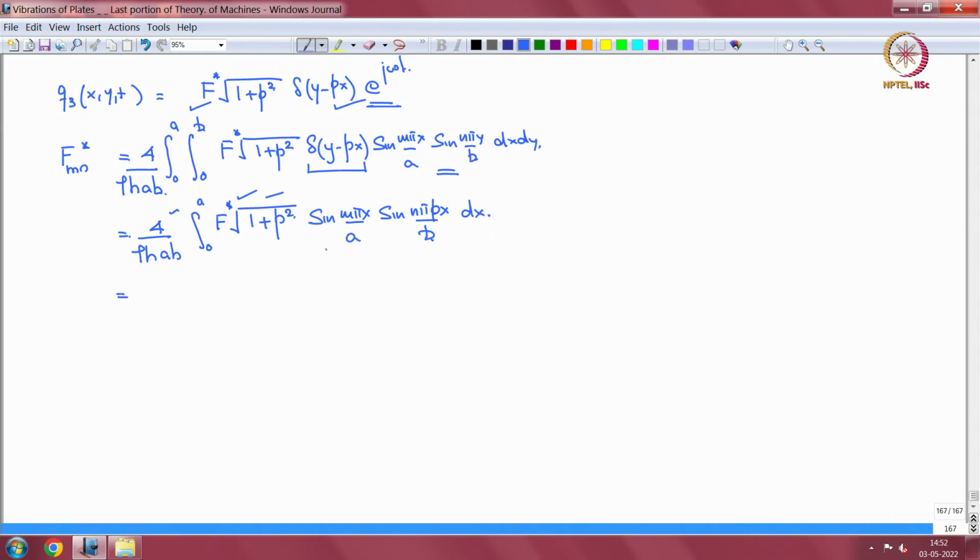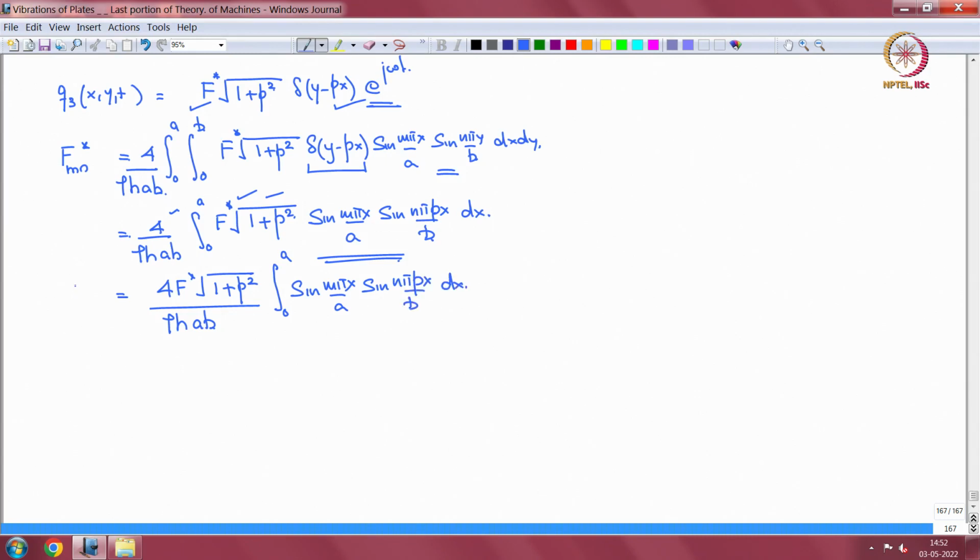Then I can represent this as a sum or difference of two cosines and proceed. One last step: 4 F star square root of 1 plus p square by rho h a b, the integral from 0 to a of sin m pi x by a, sin n pi px by b, dx.